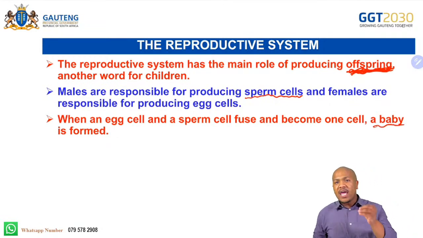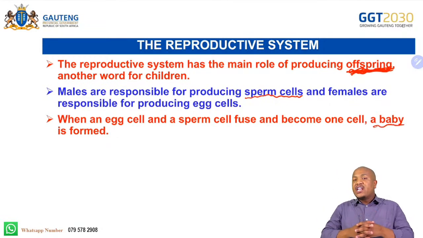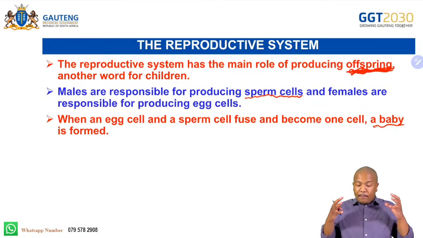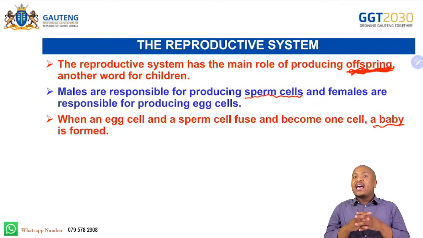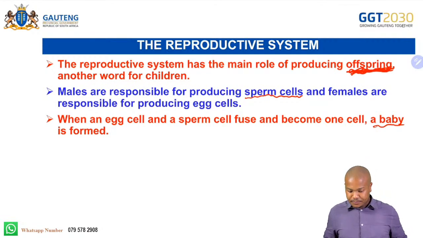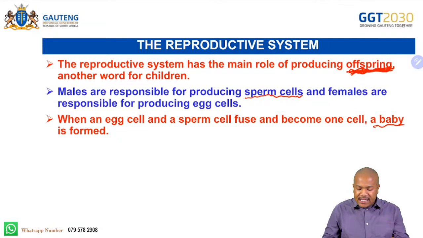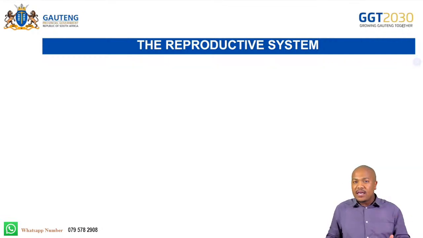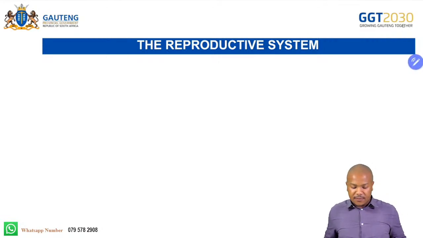Fertilization has taken place, and we're going to have a baby growing inside the uterus of the female reproductive system. Are we together? When an egg cell and a sperm cell fuse together, they become one cell, and now a baby is formed as a result.